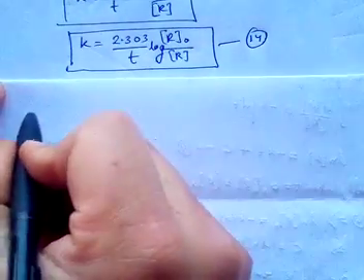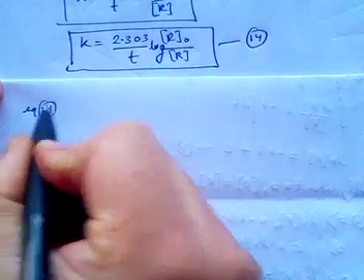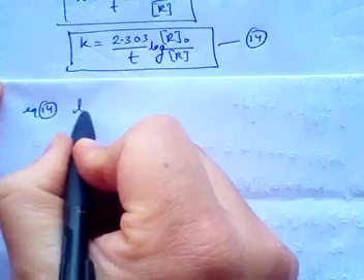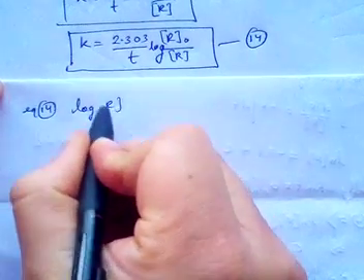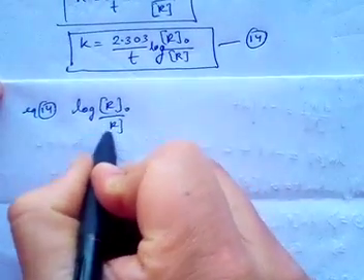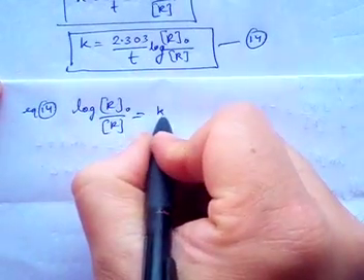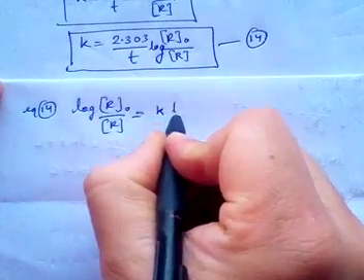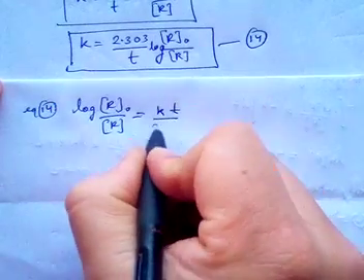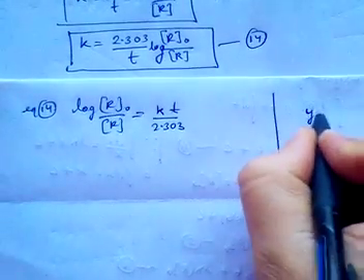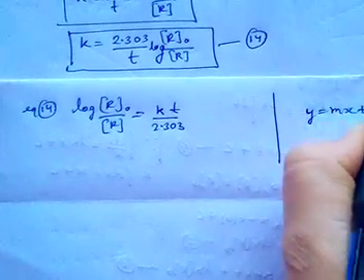So I'll just rearrange equation 14. I'll keep this log here: log r0 by r is equal to kt divided by 2.303. Now again we'll compare y is equal to mx plus c.